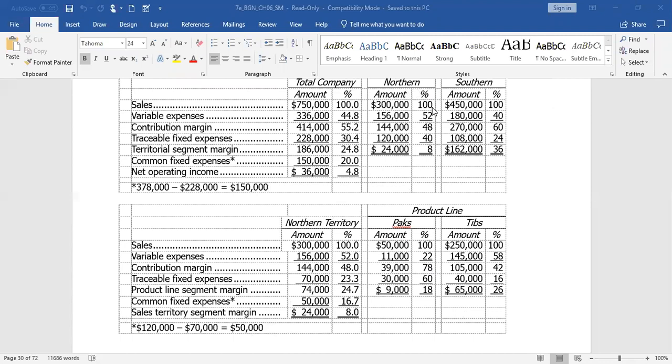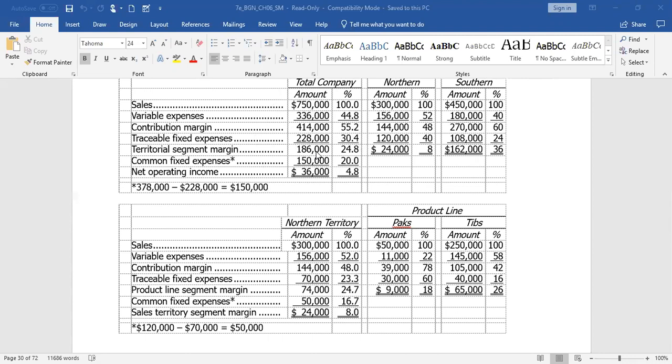So remember, each of these items is a percentage of sales. If we look at the total company to come up with our percentages, we'll take 336 divided by 750. 414 on the contribution margin divided by 750,000 will give us 55.2%. Traceable fixed expenses, 228 divided by 750, 30.4.